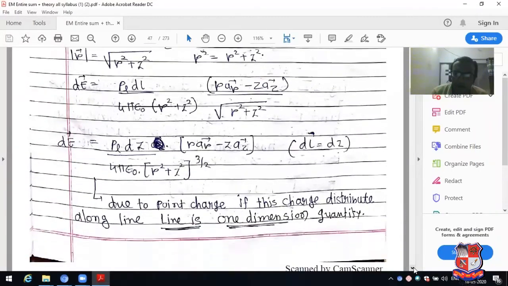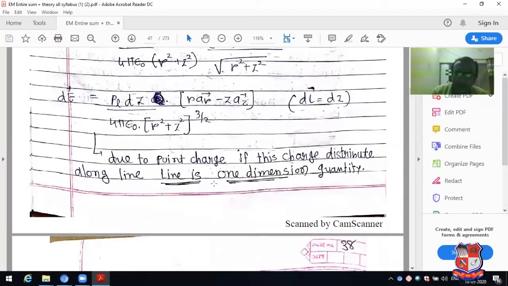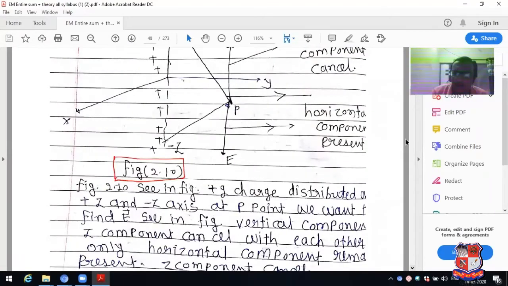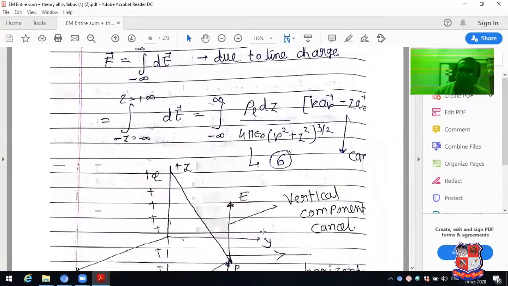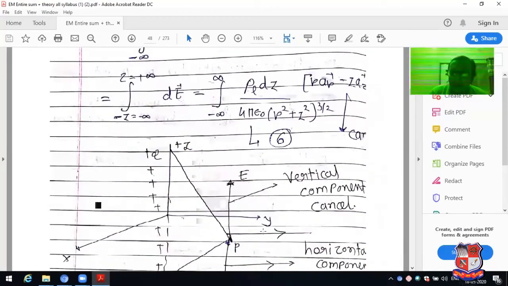Now, due to a point charge, if this charge is distributed along the line, then it is known as line charge distribution. So E equals the integral from minus infinity to infinity of dE. For the line charge, rho L dz divided by 4 pi epsilon 0, times (r a_r minus z a_z) divided by (r square plus z square) raised to 3 by 2.